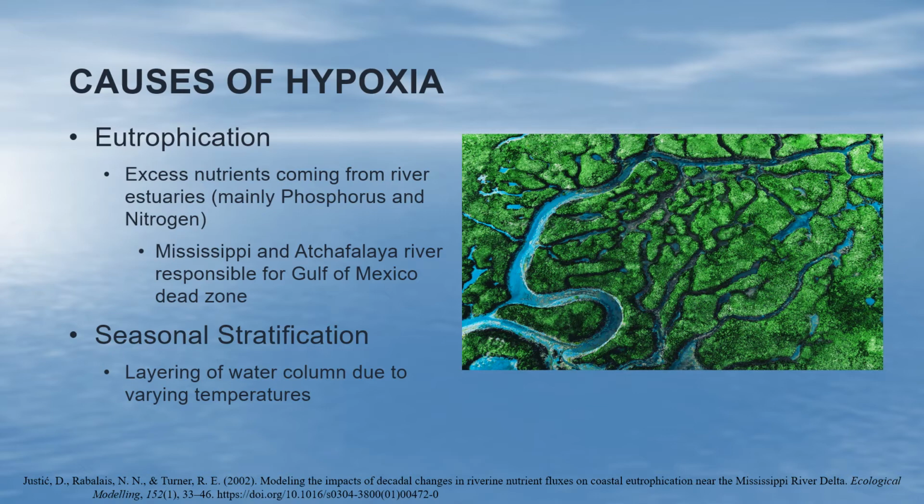Seasonal stratification is basically when the top ocean layer doesn't mix with the deep bottom ocean layer. The top layer has a much higher dissolved oxygen content, while the bottom layer has a much lower dissolved oxygen content. And without the mixing of the two layers, the bottom layer generally becomes hypoxic and is then considered a dead zone. We'll discuss both of these more in depth next.